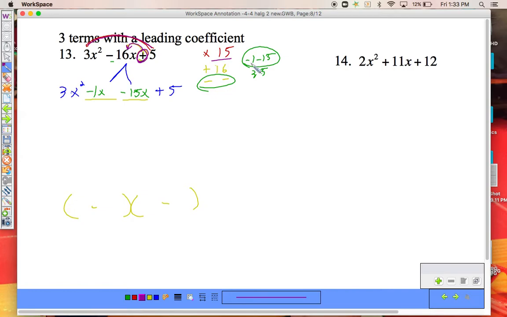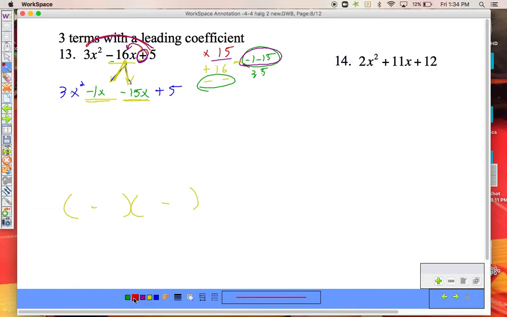So I picked 1 and 15, and we said it was a minus minus, so I make both those numbers negative. And what we have done is we've taken apart negative 16x into negative 1x minus 15x, which is negative 16x. The two numbers I chose here is how I'm going to take apart that middle term.